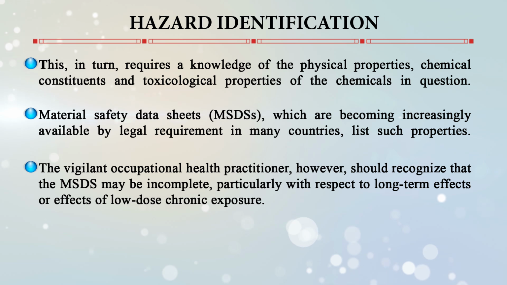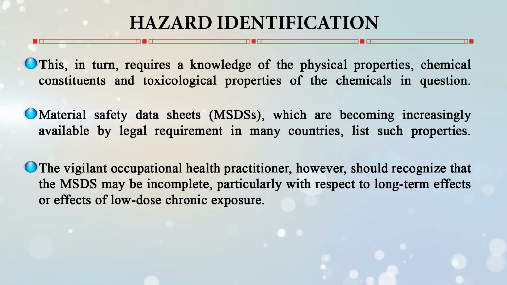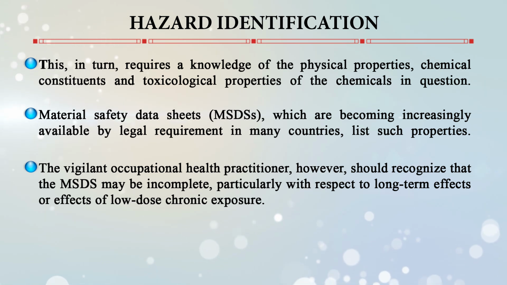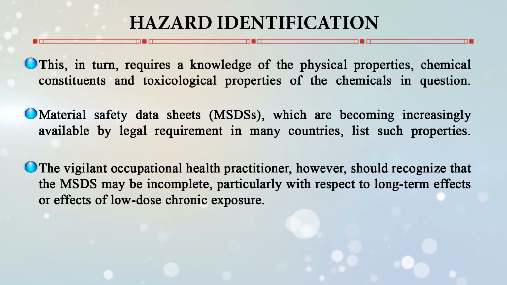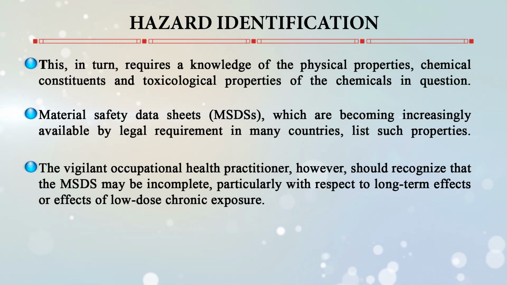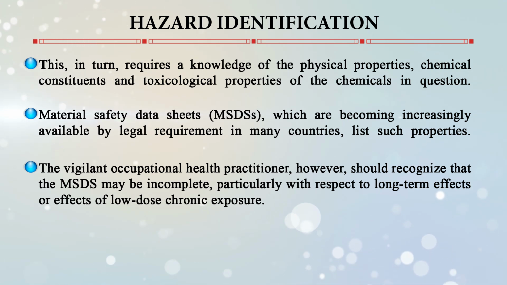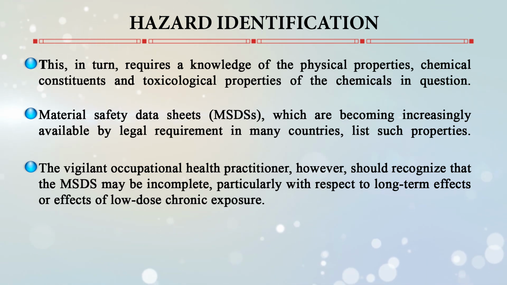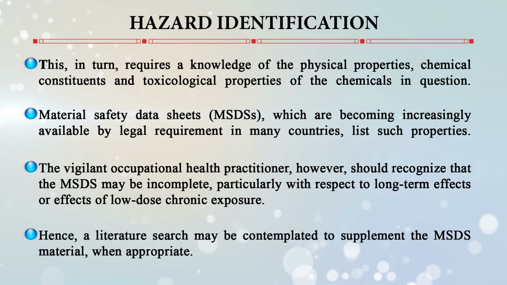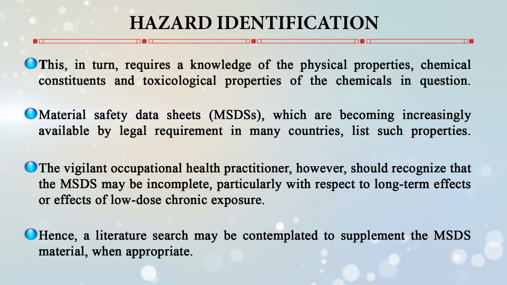The vigilant occupational health practitioner, however, should recognize that MSDSs may sometimes be incomplete, particularly with respect to long-term effects or the effects of low-dose chronic exposure. So a literature search may be contemplated to supplement the MSDS material, and appropriate measures have to be taken.